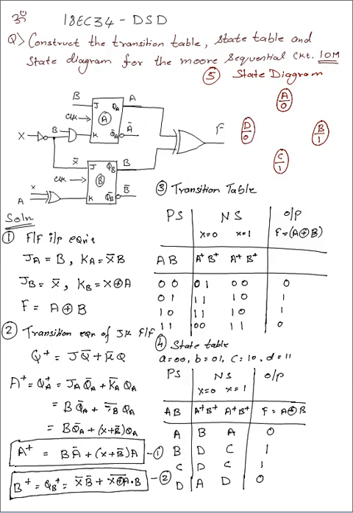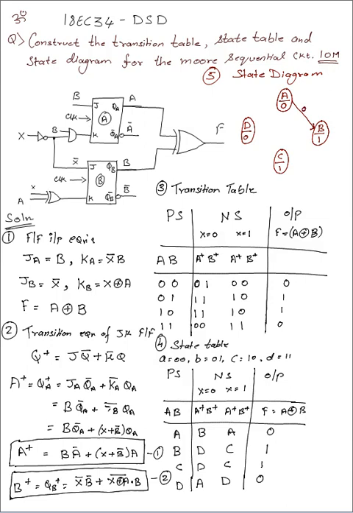Okay. Initially, when we are in state A and if the input is 0, we go to state B. So, we will write an arrow in this direction, input is 0.